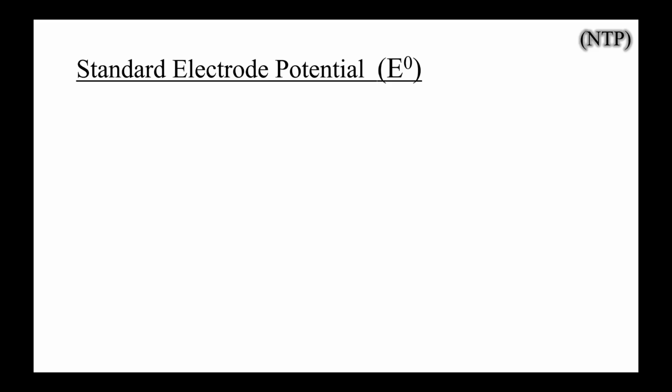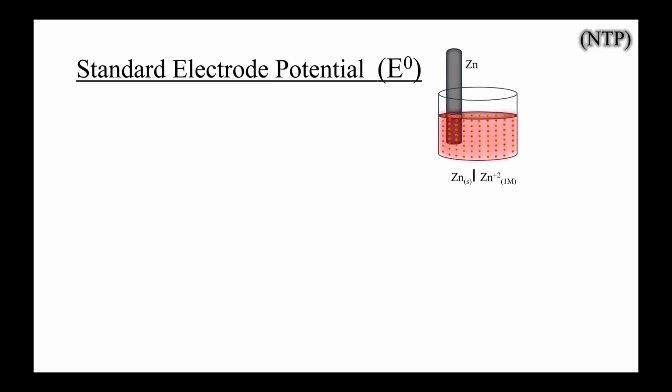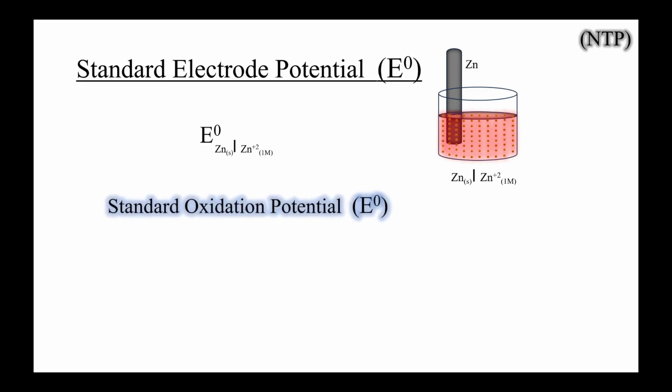So standard electrode potential E0 with respect to zinc we have already discussed. So E0 of zinc, that is Zn is converted into Zn plus 2, it means oxidation. So standard oxidation potential of zinc is 0.76 volt.